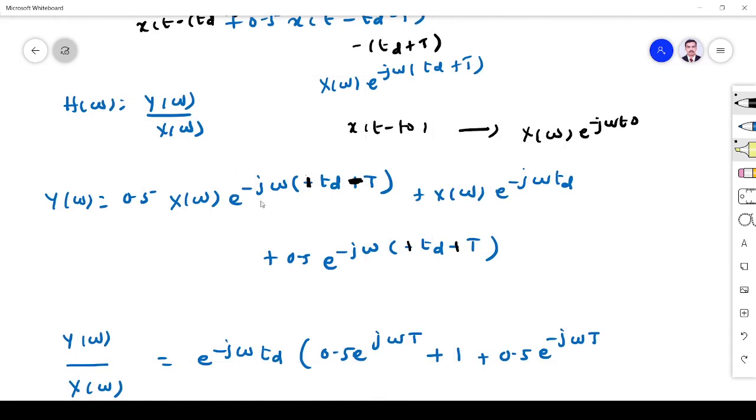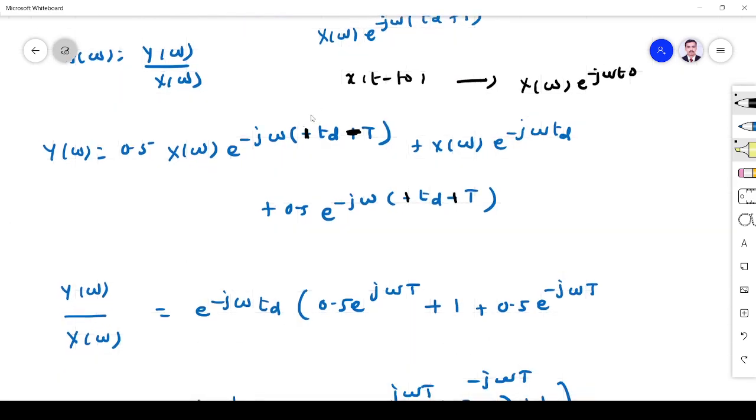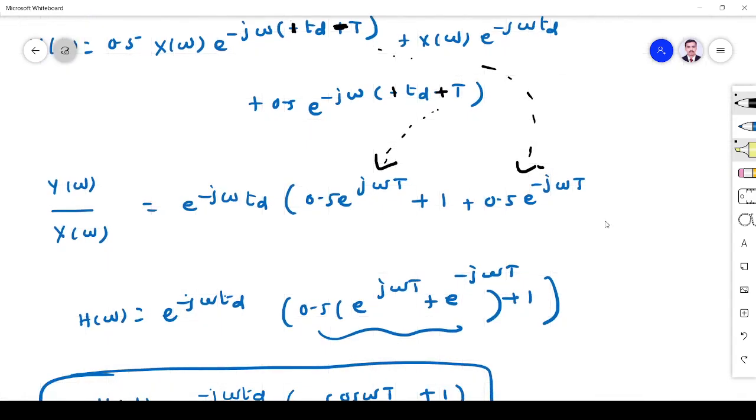So if I take e power minus j omega td outside, e power j omega td into minus t will come here, and this will come as e power minus j omega td plus t, right? So it will come here. So the answer is right, just change this step.